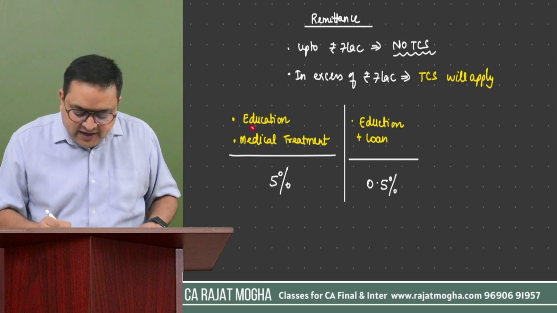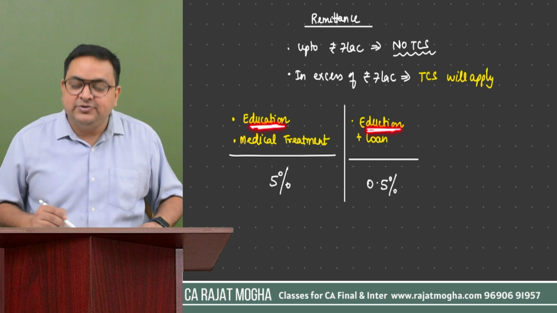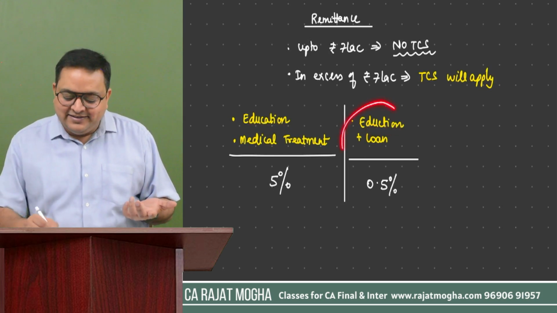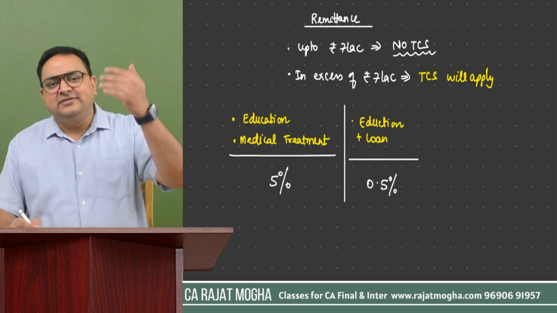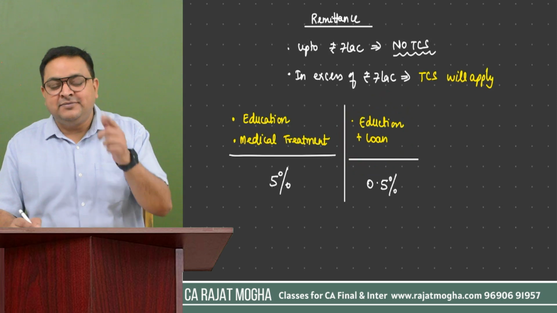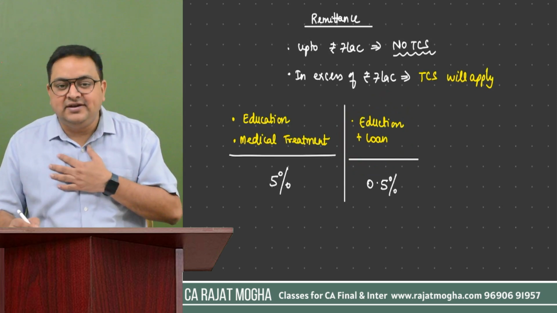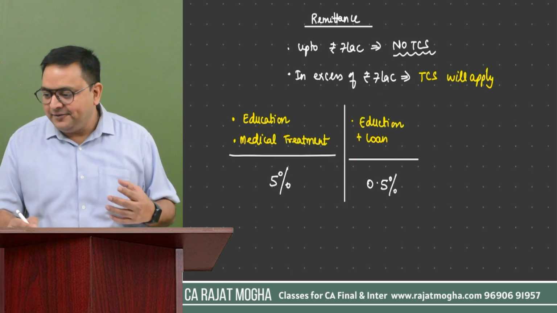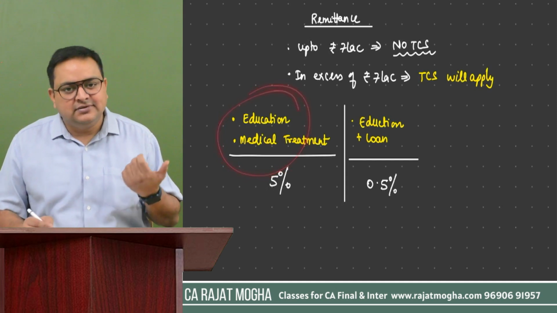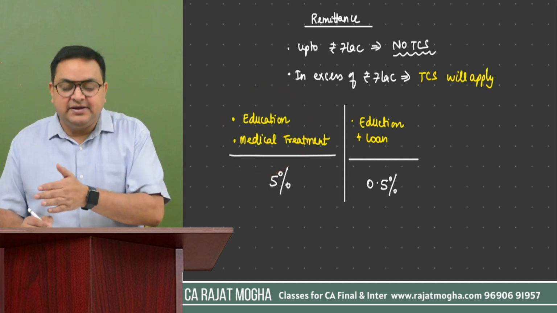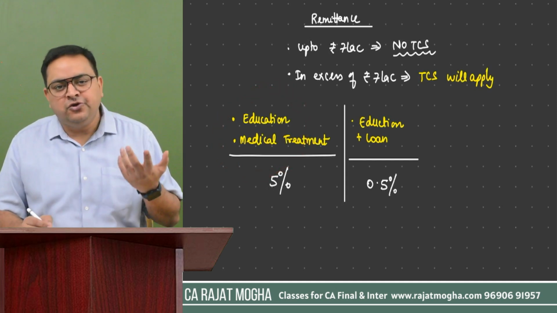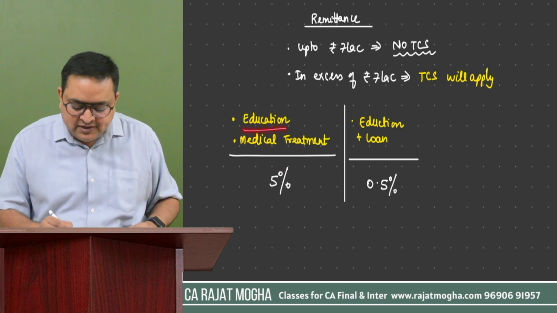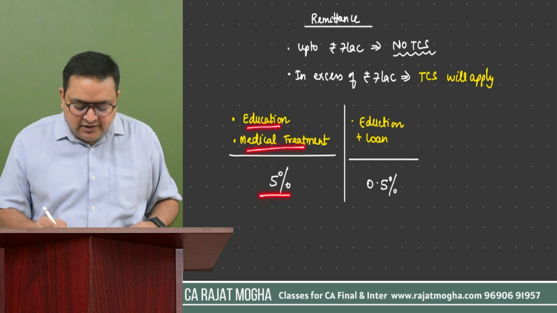So what's the difference, since here also education is written, and here also education is written? Sir, we understand that here you are sending the money outside India for education purpose, but it was not through your own funds. It was by taking a loan, correct? Here, the money remitted outside India was through your own funds. So if it is through your own funds, for education or medical purpose, then 5%.